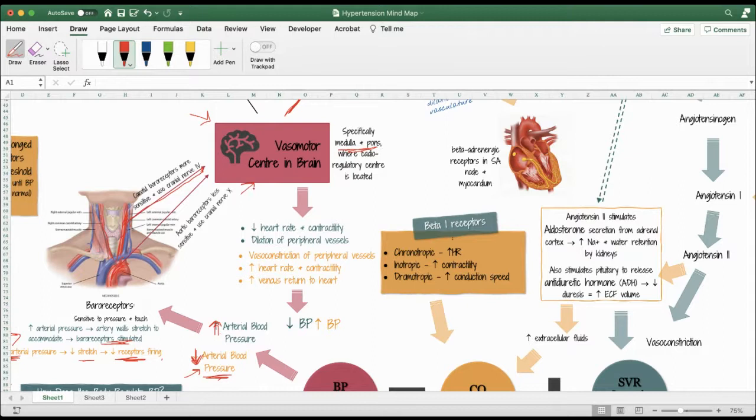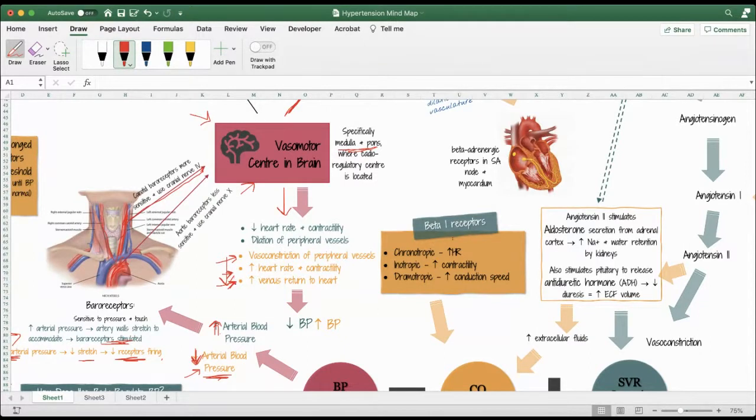So we've gotten the message to the brain immediately. Whether the pressure is up or down, it will react. So if the pressure is down, we started with down, right? It's going to constrict the blood vessels to try to create higher pressure. It's going to increase the heart rate and contractility, because we want to increase pressure. And it's going to increase the venous return to the heart.